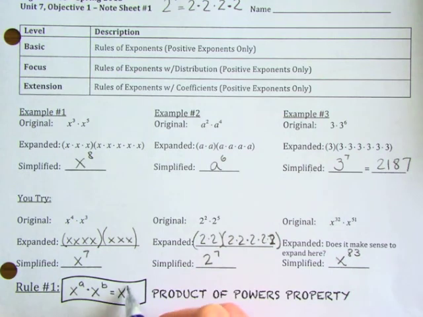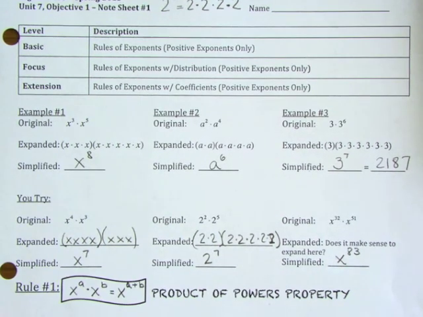Notice the x doesn't change. So I get x to the a plus b. That's our rule called the product of powers: a power of x to the a times a power of x to the b gives me x to the a plus b, the sum of those two exponents.